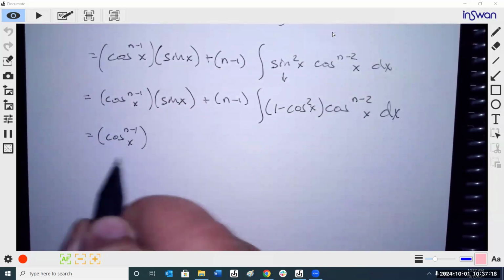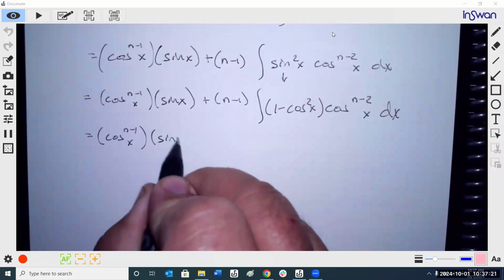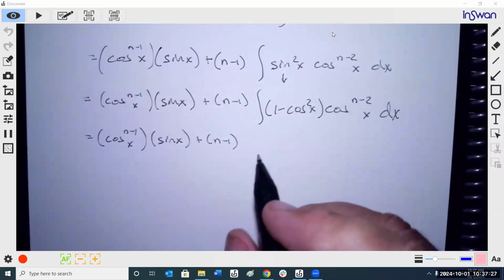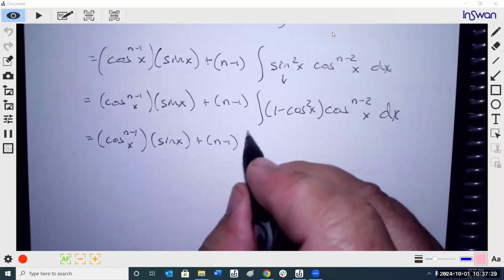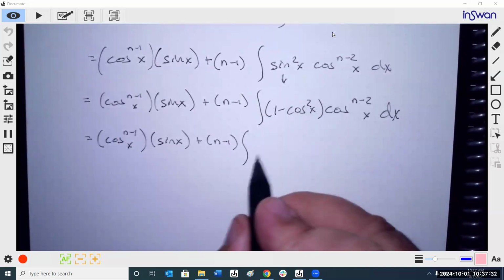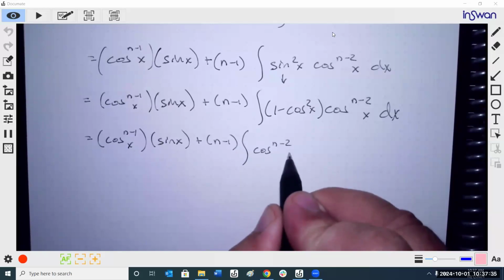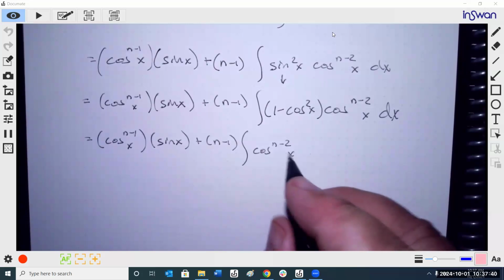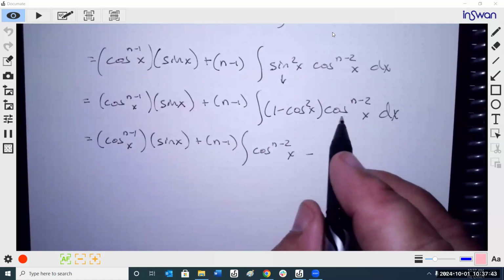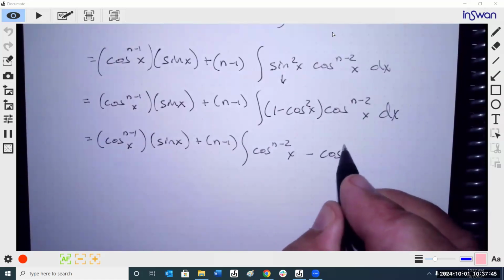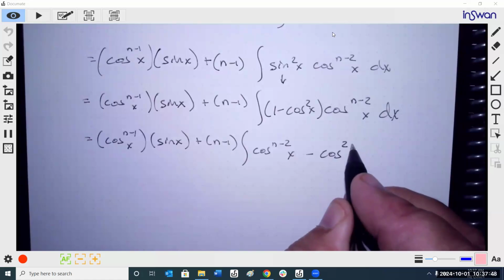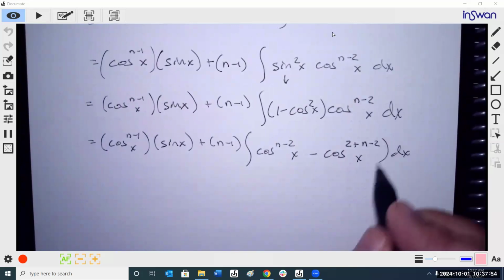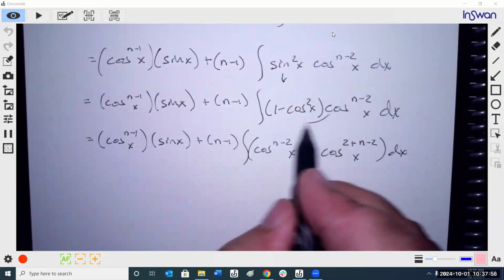So cosine n minus 1 x times sine x plus n minus 1. Now inside here, I could distribute. So I have cosine n minus 2 x minus cosine n x dx. I distribute.